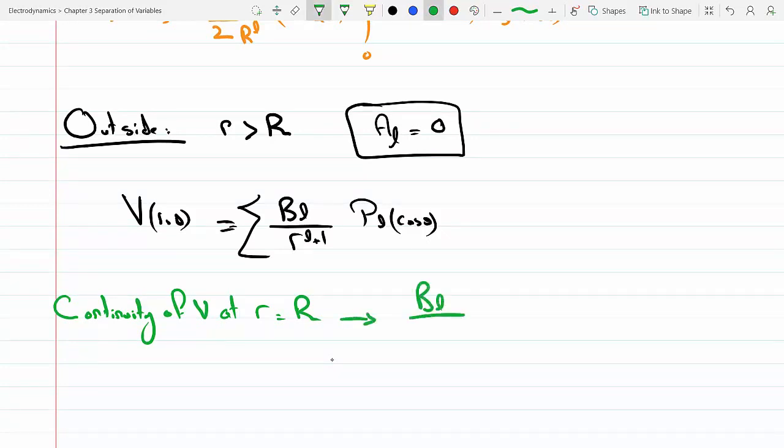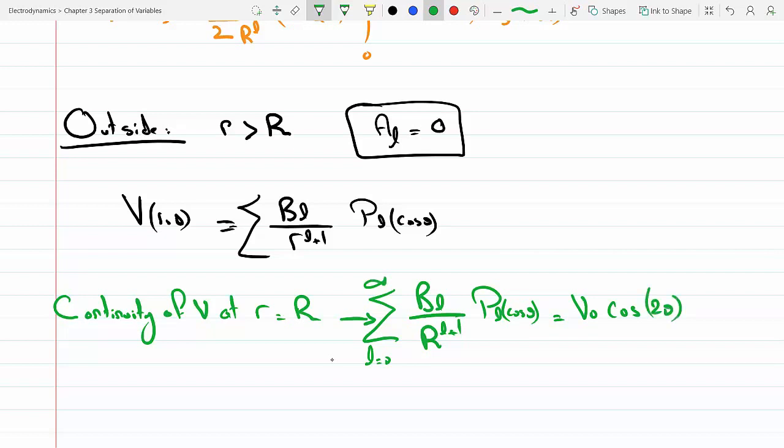So B_L over R^(L+1) has to equal V0 cosine 2 theta.